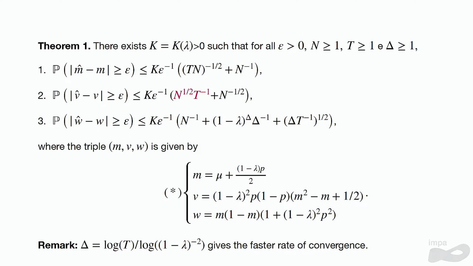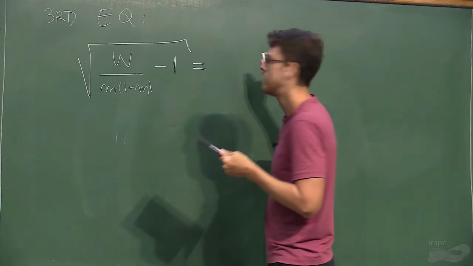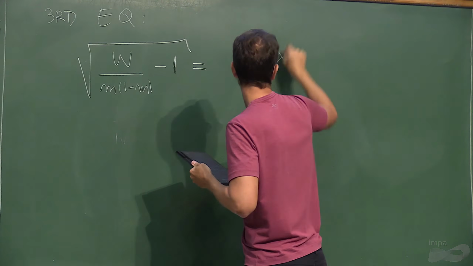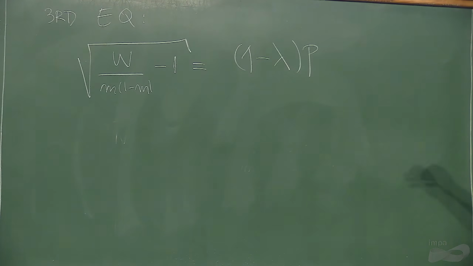You agree that in the third equation, I can immediately see that if I take w, divide by m, 1 minus m, subtract 1, this gives us 1 minus lambda times p, right? Do you agree? So this means that I know how to estimate this value, right?